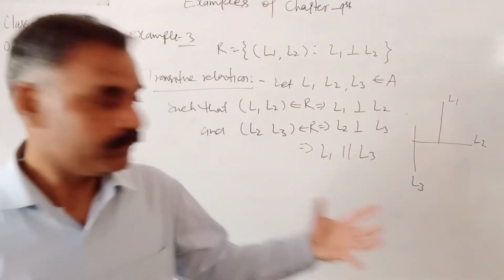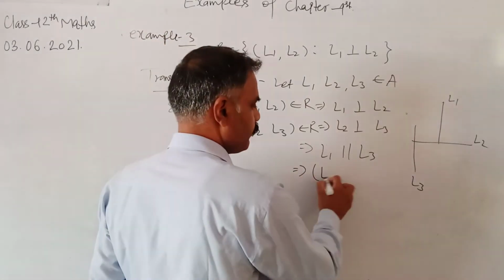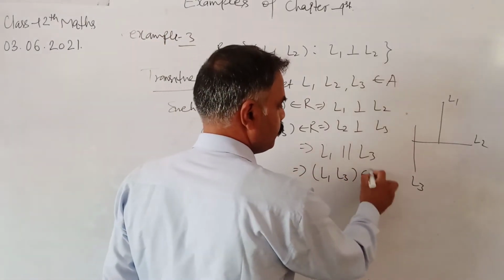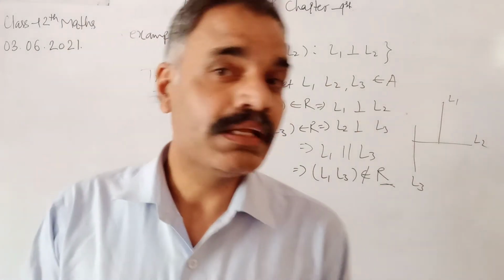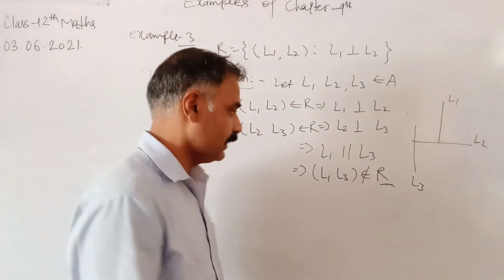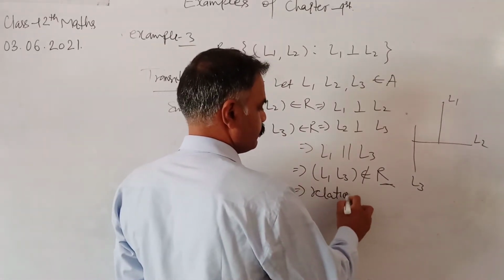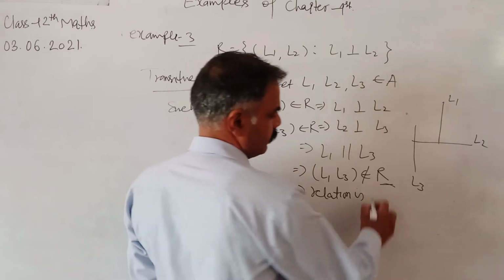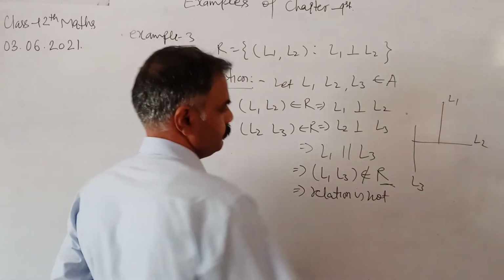But it is not perpendicular, it is parallel. It means (L1, L3) does not belong to the given relation R, means the relation is not transitive.